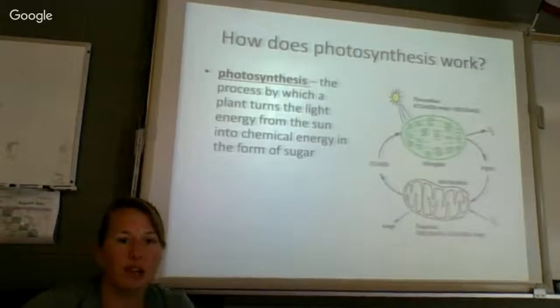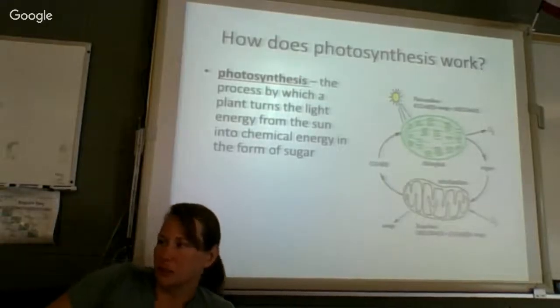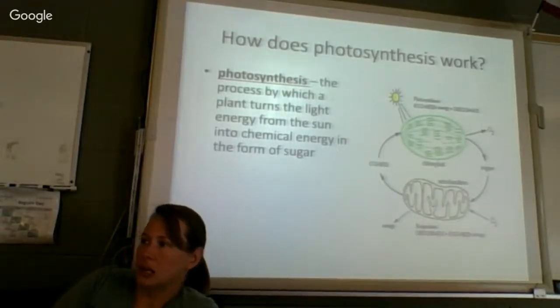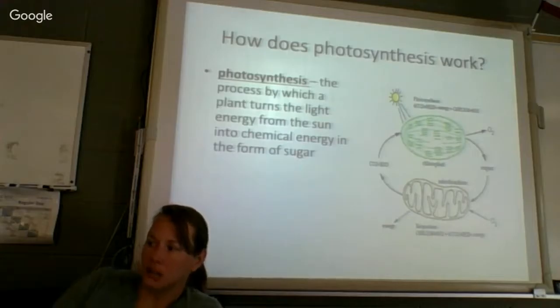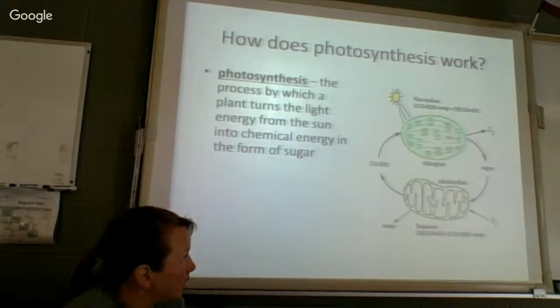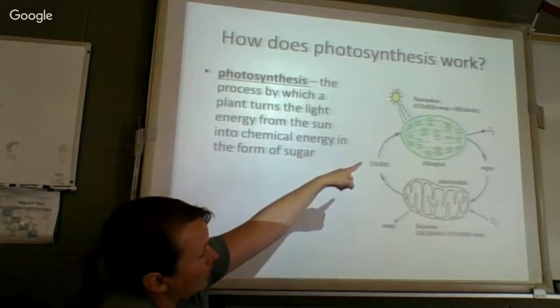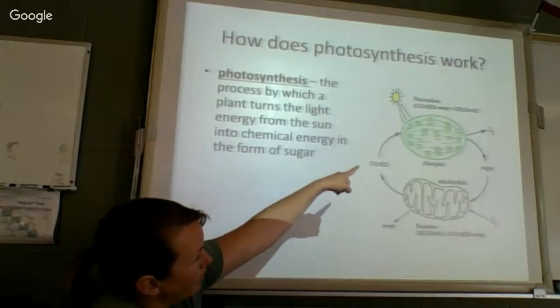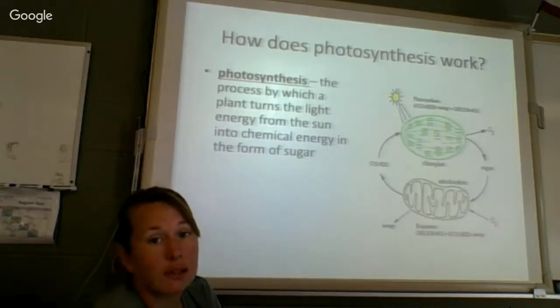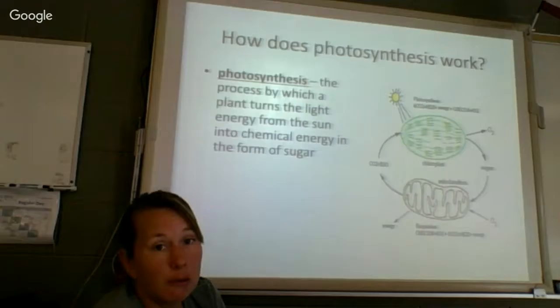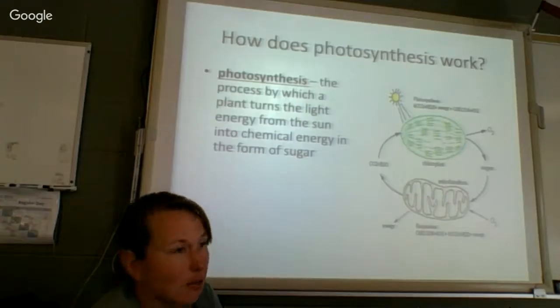The definition of photosynthesis is the process by which a plant turns the light energy from the sun into chemical energy in the form of sugar. If you look at the diagram up here, you can see that happening. There's a little tiny sun shining down on this little thing called a chloroplast. Chloroplasts are green because they have a chlorophyll pigment inside them that reflects green light.